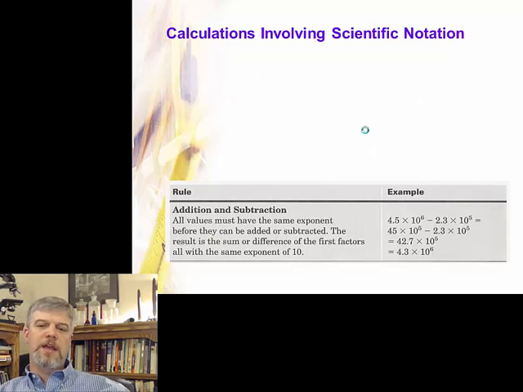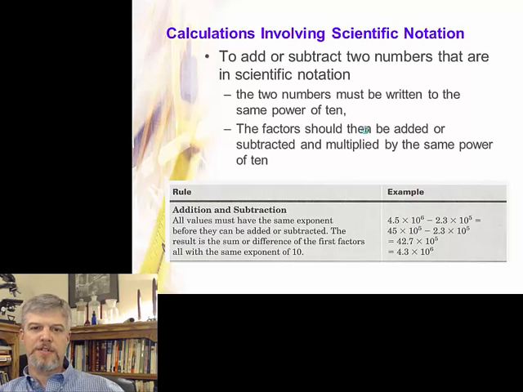What happens if you have two numbers that are in scientific notation and you need to do math with them? Well, it depends on what you need to do to them. If you're going to add or subtract numbers that are in scientific notation, you have to take care of some business first. Alright? First, those two numbers have to be written to the same power of 10.